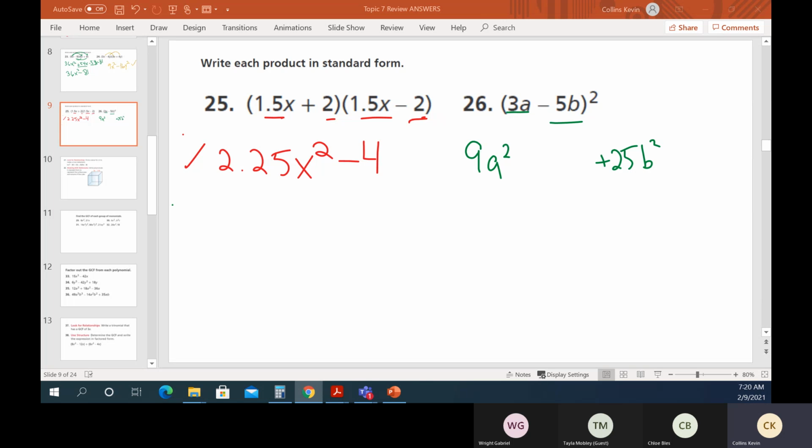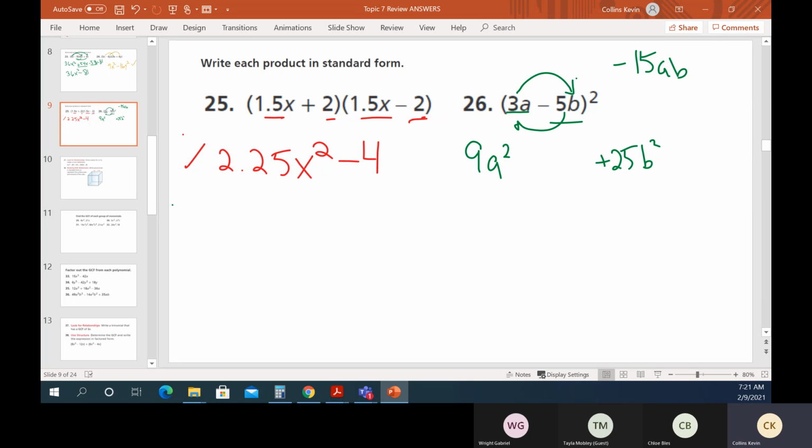All right, so for the middle, like I said, it's going to happen twice. And what we end up doing is you're going to just multiply 3 times minus 5. So that's going to be minus 15. And then A times B is just A times B. So we said that's going to happen twice. Because you go this direction, it's going to happen.